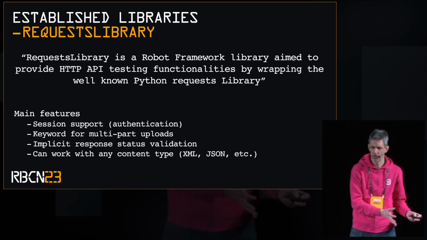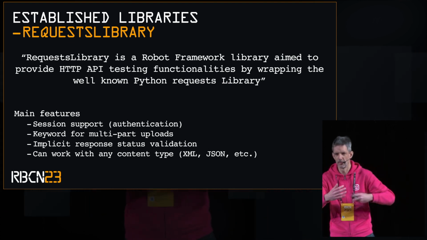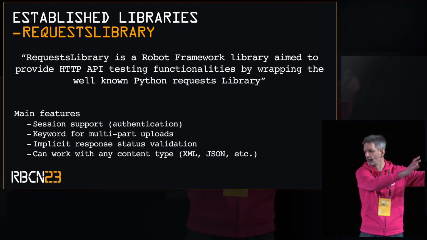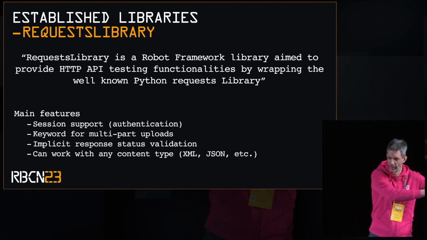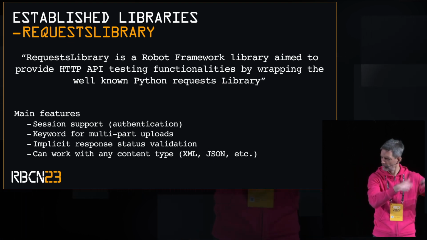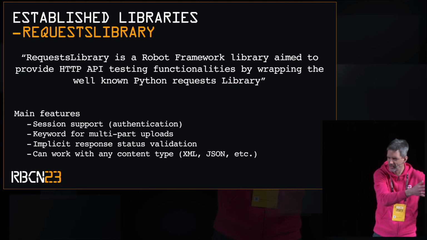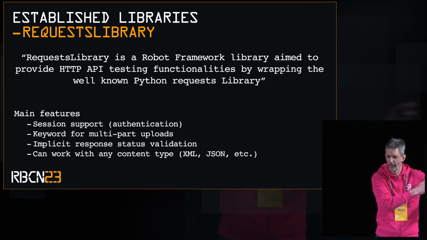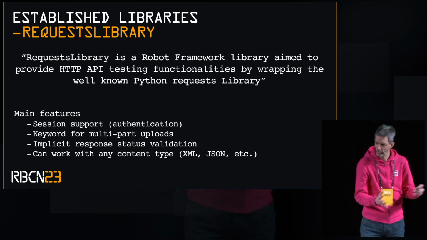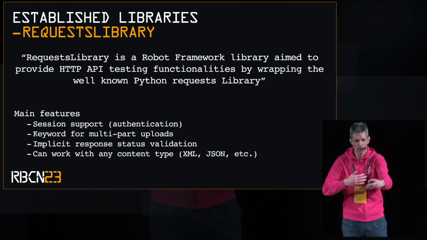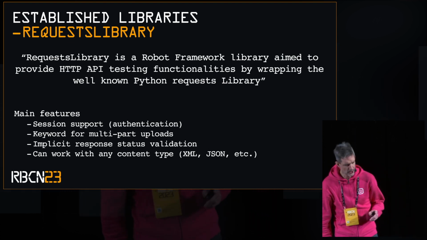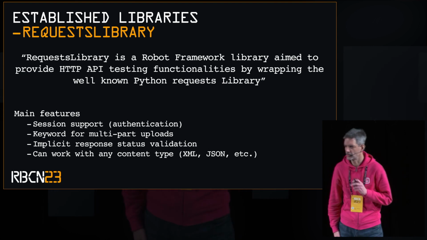And this is nice because you can't have a script running that does some operation, a post, that actually fails. Then you expect to do the next thing, and then that fails because the previous keyword that did not fail was actually not doing what you expected. So I like that part of the library that safeguards your keywords like that. And it's good to realize it can work with any content type.